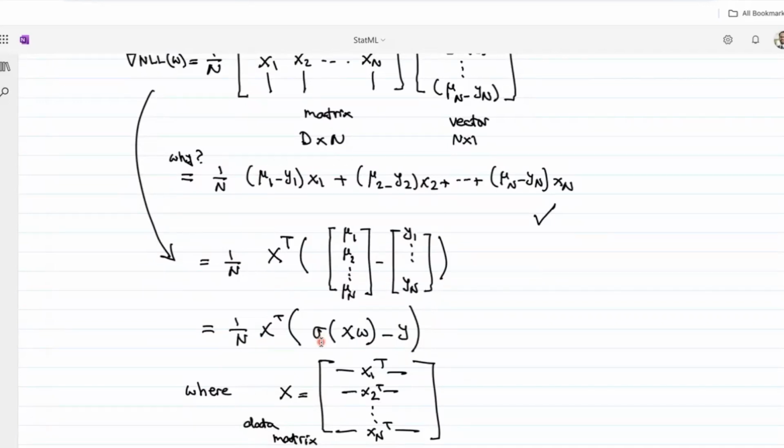So the short answer, again, is yes, we can find the gradient of the cross-entropy loss function, and it has a very nice closed form expression, which is x transpose times sigmoid of x times w. So these are all your probability scores minus the true outputs. And we also have a scaling factor, which we are using to make sure that we can write this in terms of the average.